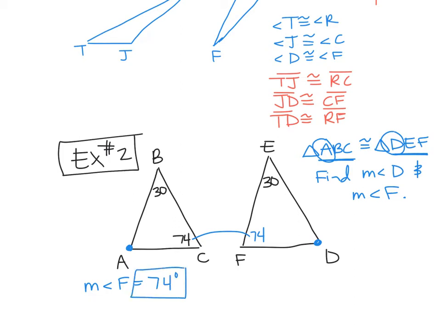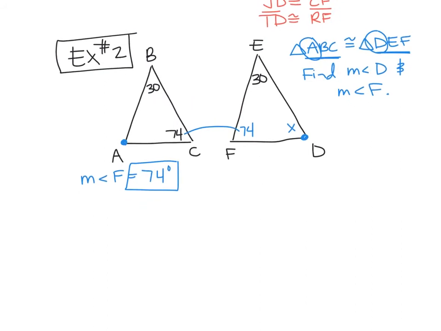Okay, how can we find angle D then? They equal 180 with what other numbers? So angle D and what? Add up to 180. 30 and 74, right. So if we just call this X for now, okay, you can say X plus 30 plus 74 should equal 180. So if we take this away, that would be 104.